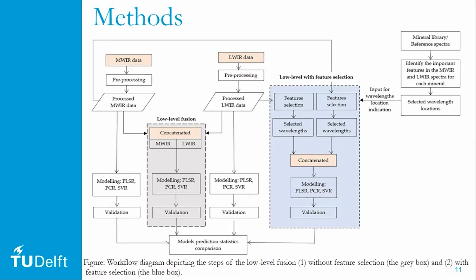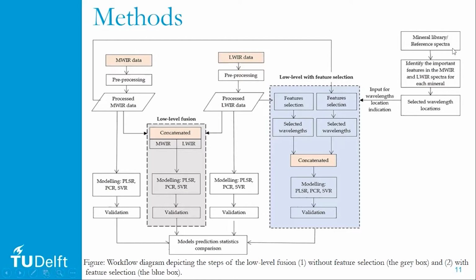This approach allows all non-informative variables to be removed in the feature selection step. The approach is not a standard mid-level fusion, because in mid-level fusion, a modeling step is required for the extraction of the informative features. However, the feature selection method deployed in this study was not based on model outputs.